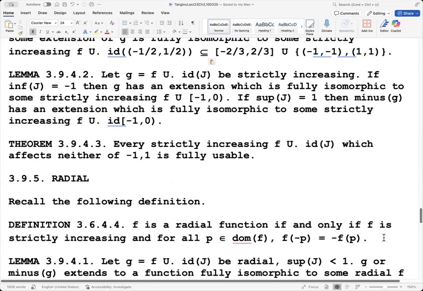That accommodates f of minus one to be something quite different than minus one. It can be any non-negative number bigger than -1, and f of 1 would be a corresponding positive number smaller than 1, right? So this is quite different, and this also works.